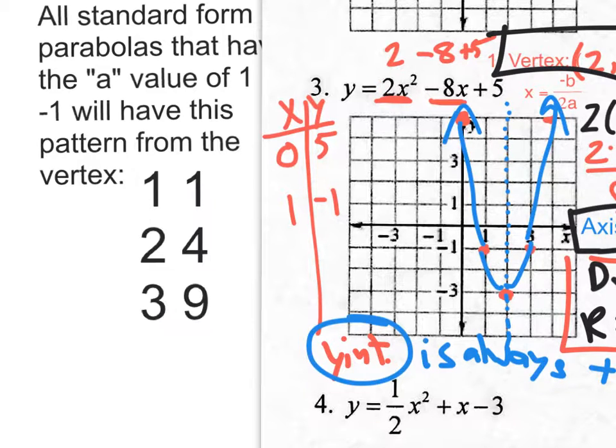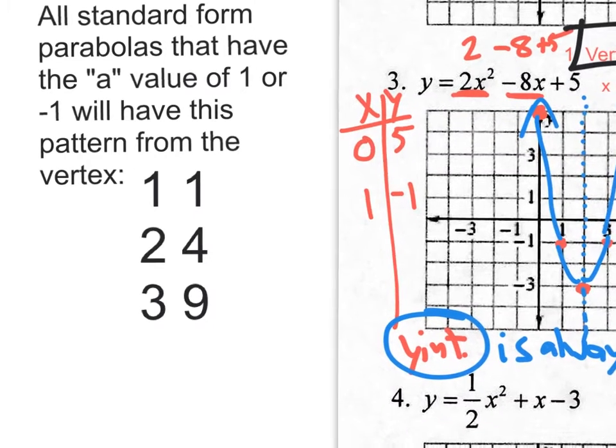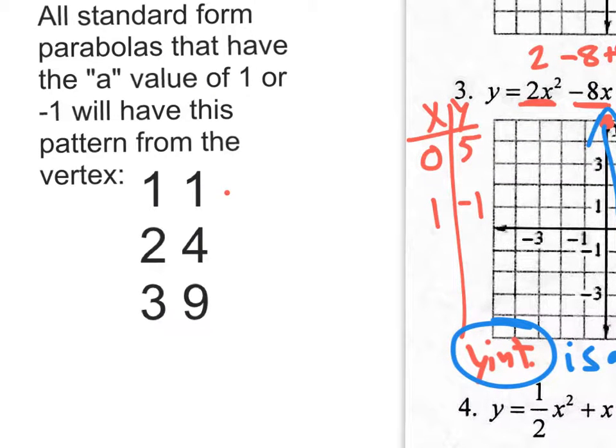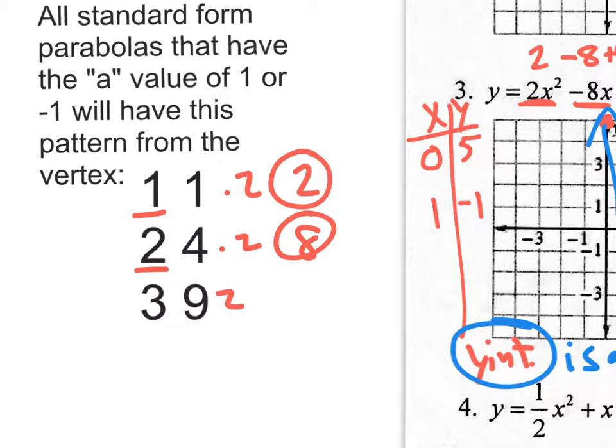That doesn't mean you can't use it. Technically, you could modify the pattern if you really want to use the pattern. I would just go with the XY table, right? Go with the XY table. But if you really wanted to use the pattern, what you could do is take the a value of 2, and you could multiply the y part of the pattern by 2, and you would get your new pattern, which would be 1, 2, and then 2, 8, and then 3, 18.